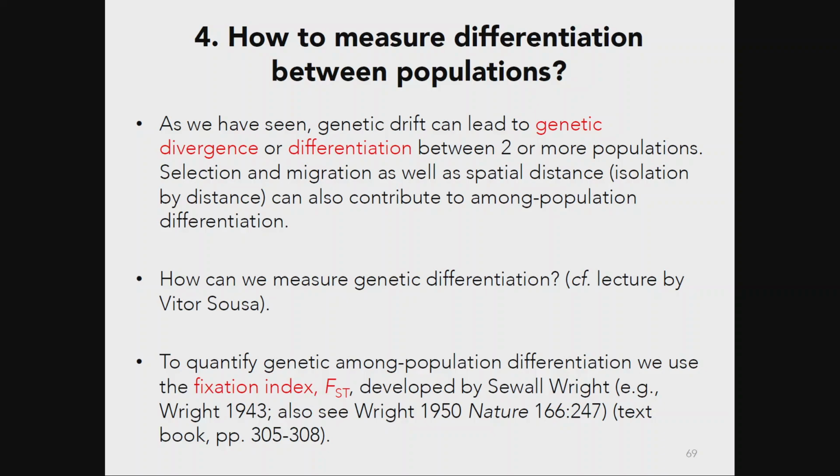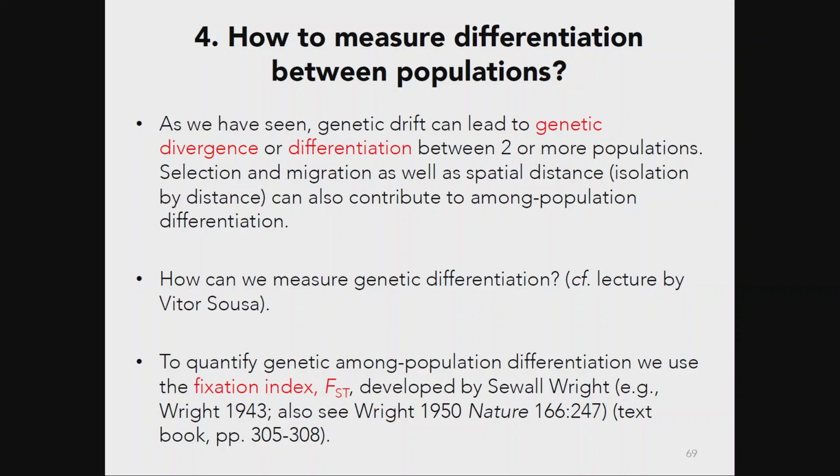So they start out the same, with the same allele frequencies at the loci we consider, but you let them go independently. And what can happen after a long enough time is that one population might have become fixed for one allele by chance, and the other population might have become fixed for the alternative allele. So this is genetic differentiation or divergence simply due to drift alone. But it's also clear that selection could also lead to divergence or differentiation between populations.